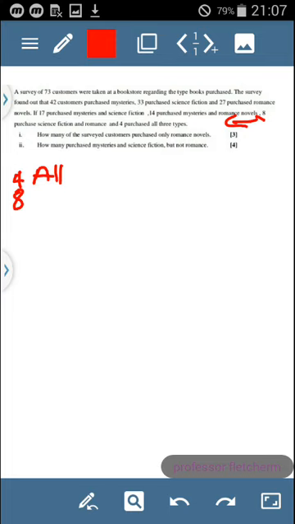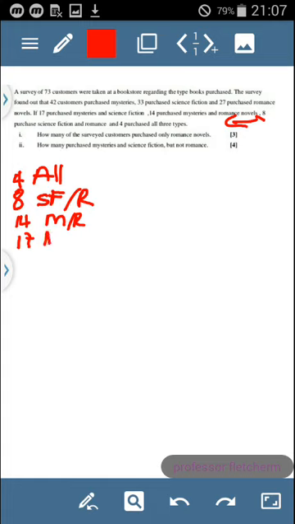This one said science fiction and romance, and then we had 14. This one said mysteries and romance, and then we have 17 mysteries and science fiction.